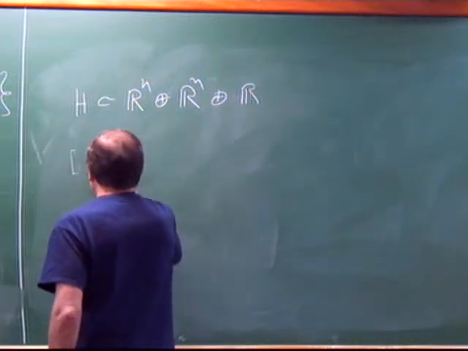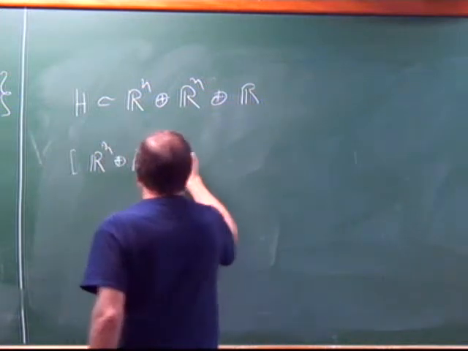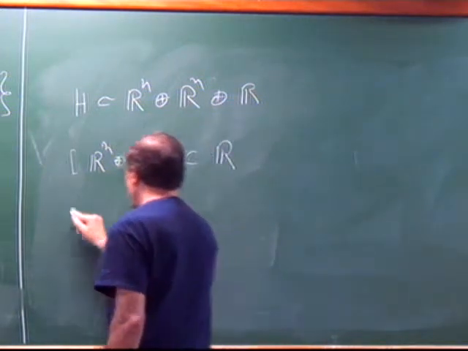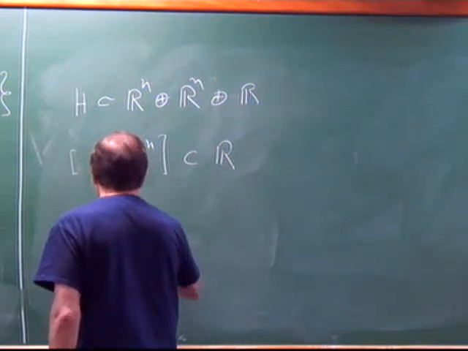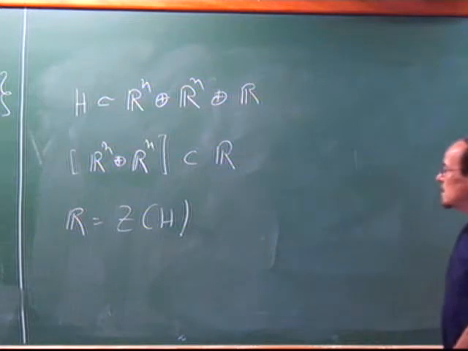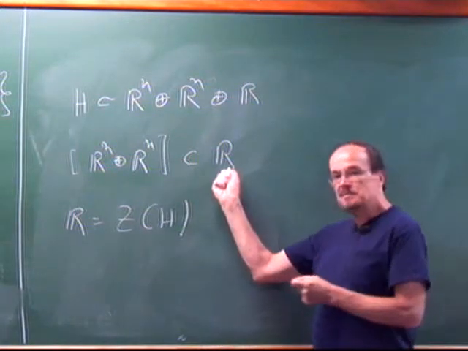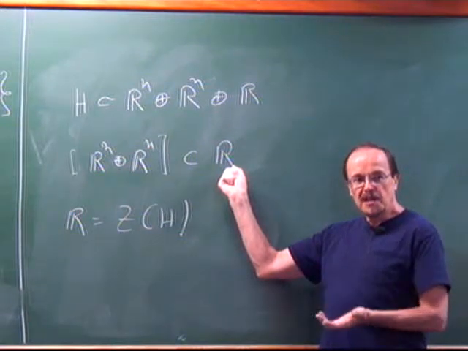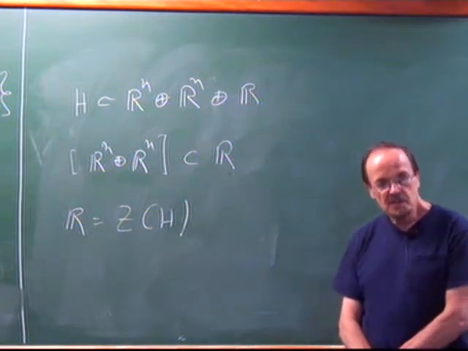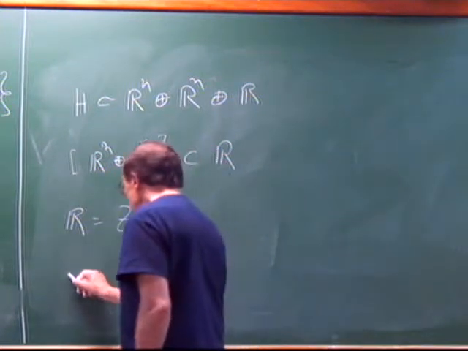And then the Lie brackets of R^n plus R^n are contained in R. So R is the center of the Heisenberg group. And so when I take Lie brackets once, I land in the center, and if I take it again, I get 0. So three times the Lie bracket gives me 0. Simplest kind of Lie algebra. This is what's called two-step nilpotent.